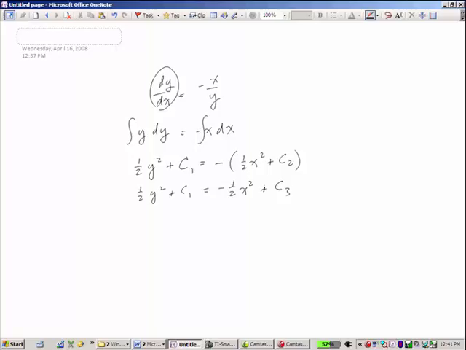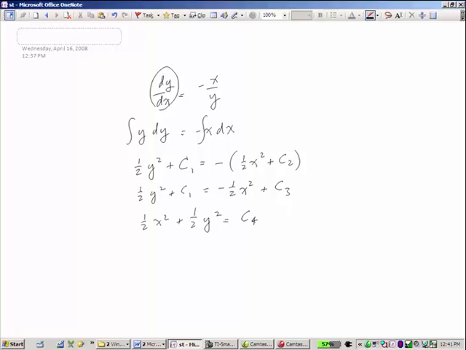I'm going to get x's and y's on one side. And this, you could solve for y. I'm going to get x's and y's on one side in this case because it's going to lead to the solution we're looking for. I'm going to have 1/2 x squared plus 1/2 y squared is equal to C3 minus C1. Well, you know what a constant minus a constant is? It's just another constant.